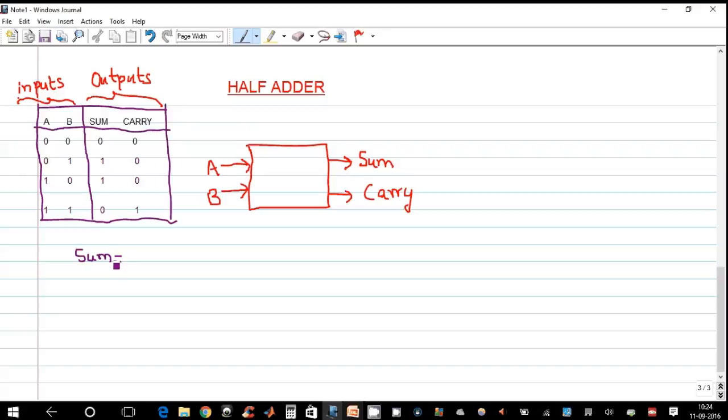We will generate a Boolean expression for the sum. This sum is 1 for this set of inputs, that is when A is 0 and B is 1.